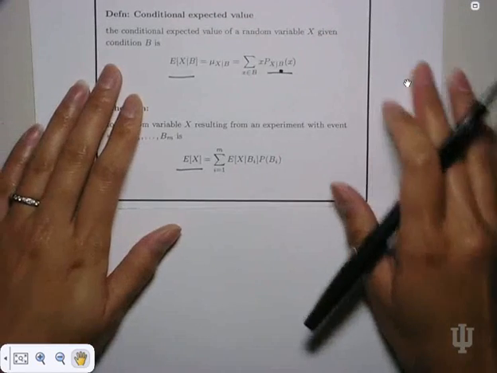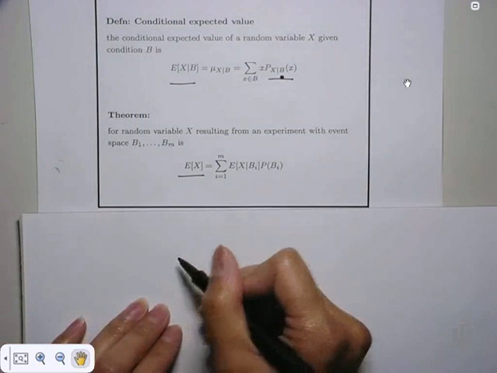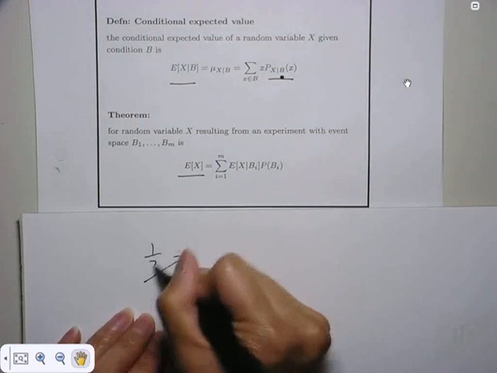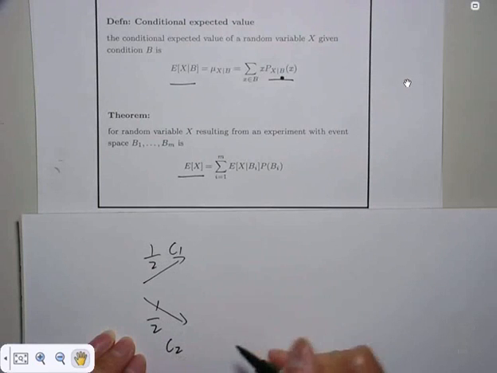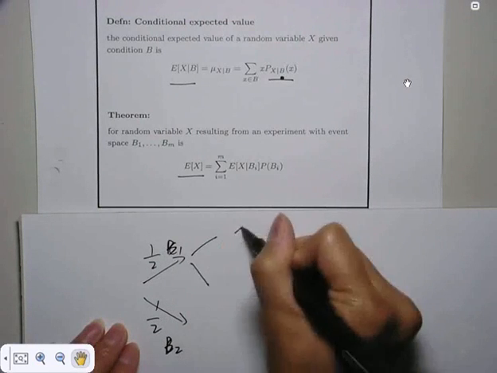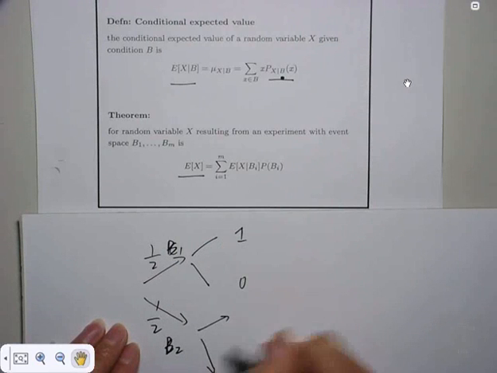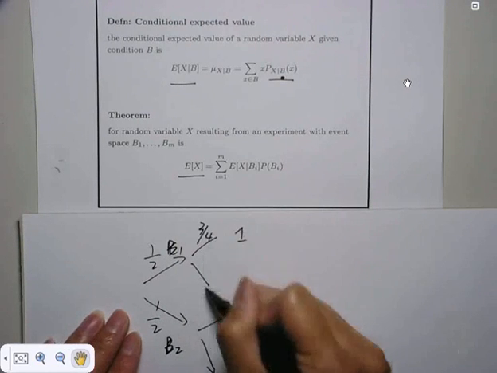Half probability to be C1, half probability to be C2. How about I call them B1, B2, and then 0, 1.